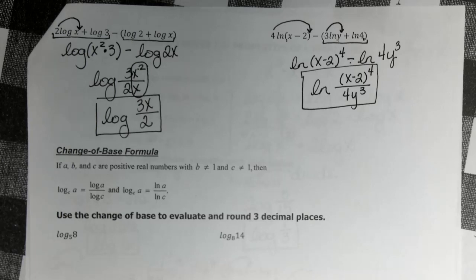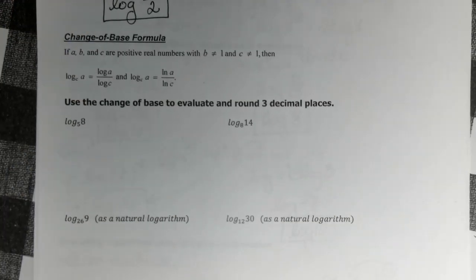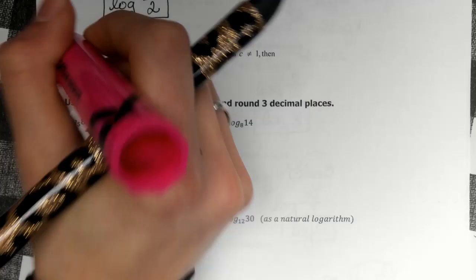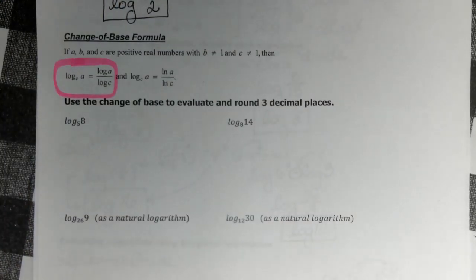Okay, so now we're going to do the change of base formula. You're going to have to know this formula. It is not hard to do or memorize. But this is saying if I have a log base c, okay, the scientific calculator will not let you type in anything other than a common log of base 10 and a natural log with base e, okay?